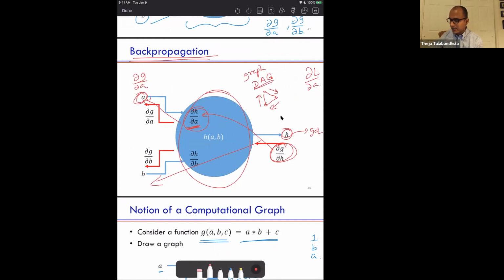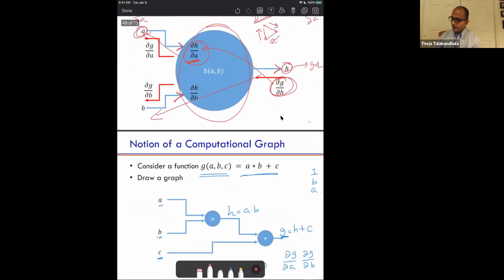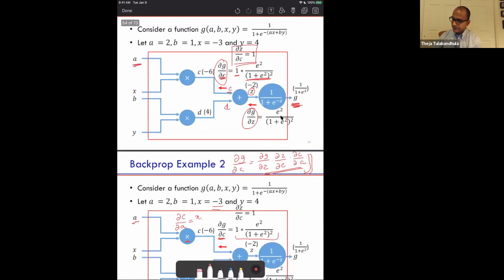Directed just means there is a direction of computation here. You see those edges. So as long as you have a graph like this, you can compute gradients by just multiplying local gradients with the incoming gradients. Okay, so that's the idea.